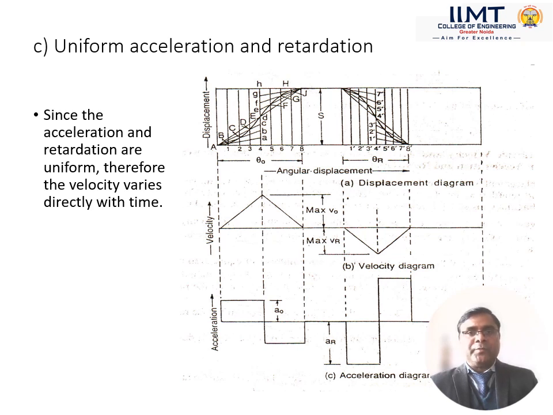In the uniform acceleration and retardation diagram, the motion of the follower in the first half is in acceleration, and in the later half it is in retardation motion.